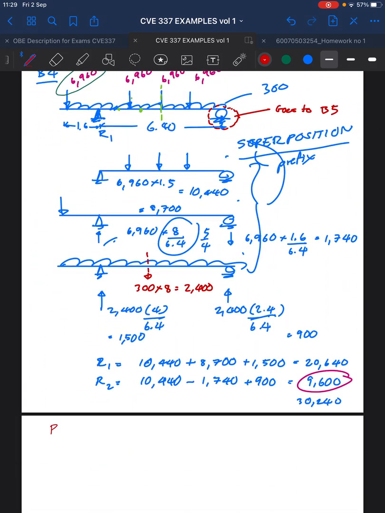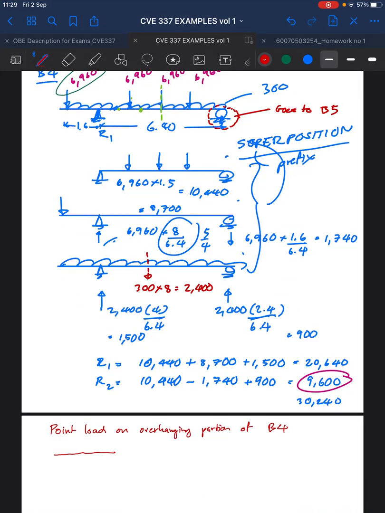So the point load on the overhanging portion of B4 is going to come from that beam on the edge.